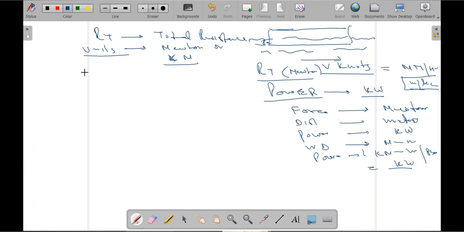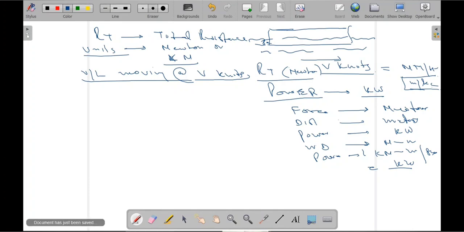Now let us say the vessel is moving at V knots. In all these numericals, we will be using certain alphabets, and we'll keep using the same, so that we know this represents so and so thing, instead of mixing and using different alphabets for expressing a particular parameter.